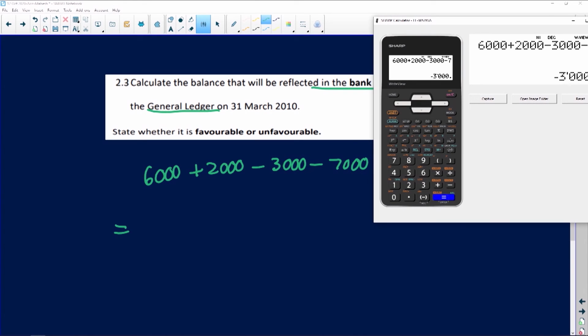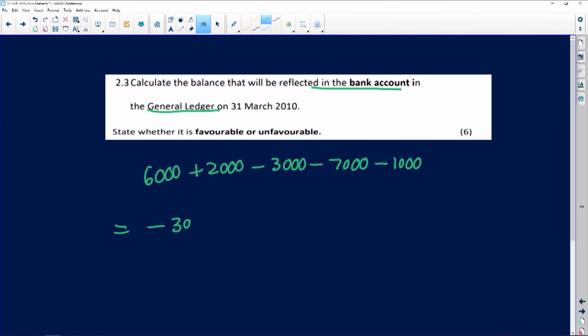Your bank balance is sitting at the moment at minus 3,000. So clearly in your records, the bank has an unfavorable balance. In other words, in your records, the bank is credit. Remember, in your records, credit is unfavorable.